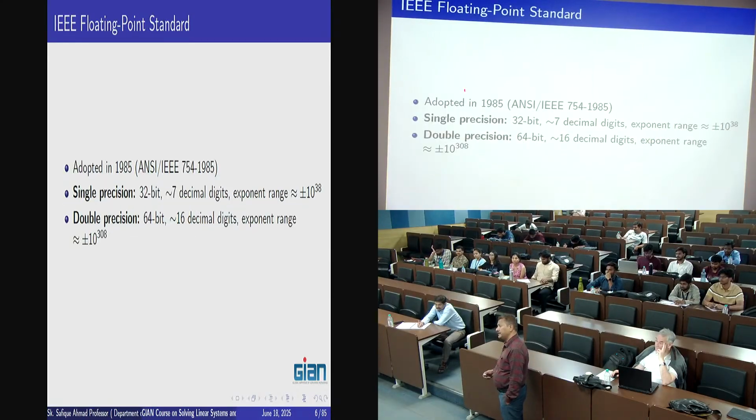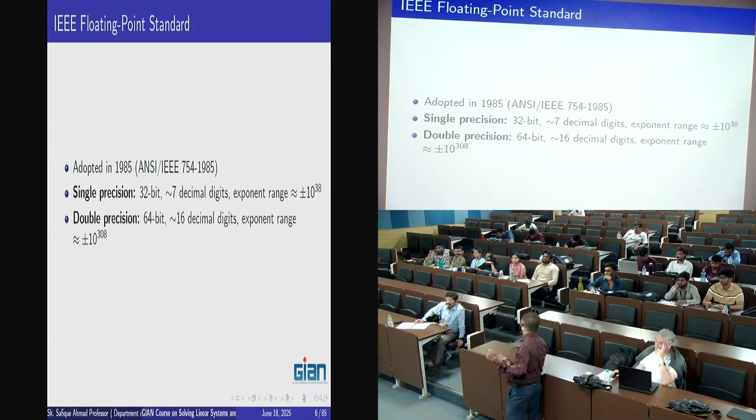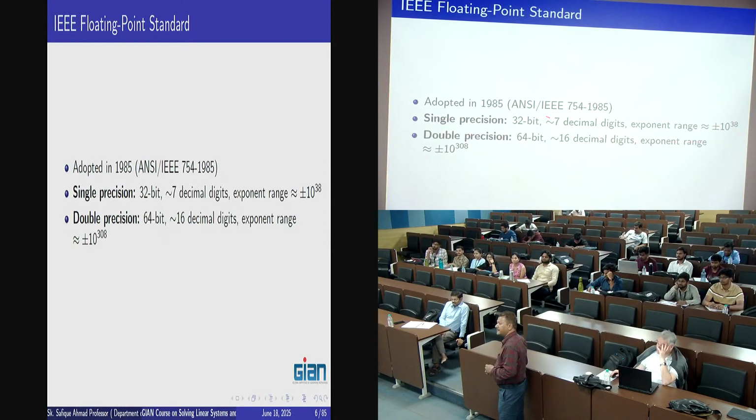Basically we use this, which takes the longer length of the number, so that's why we prefer this. For example, in single precision the range is up to 10 to the power 38, and if you have double precision, it is 10 to the power minus 308 to 10 to the power 308.